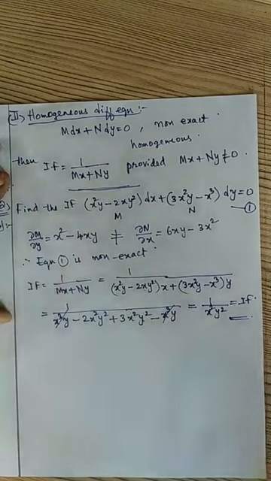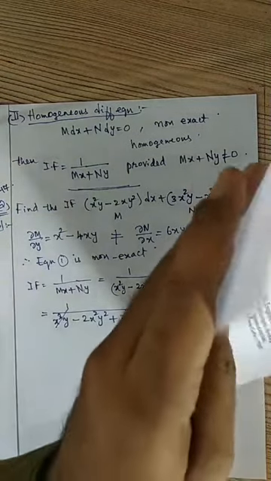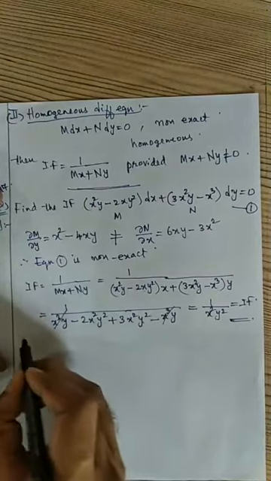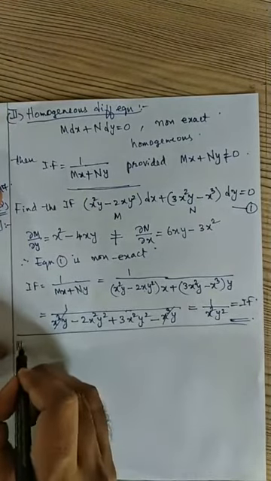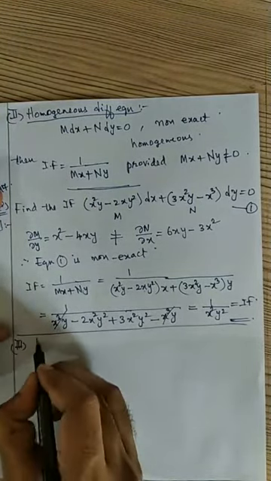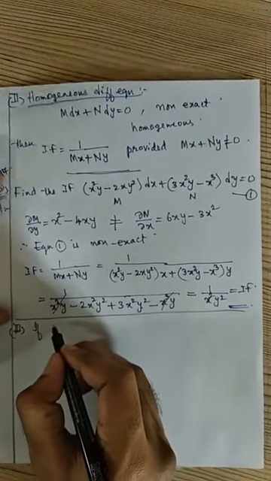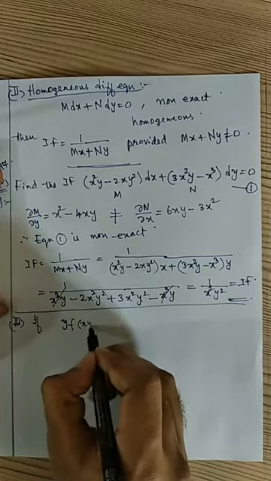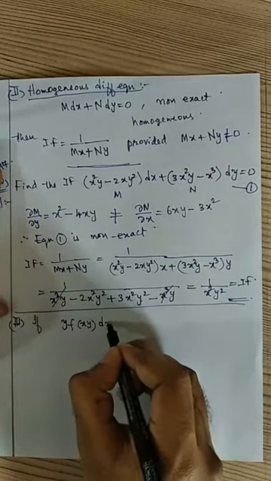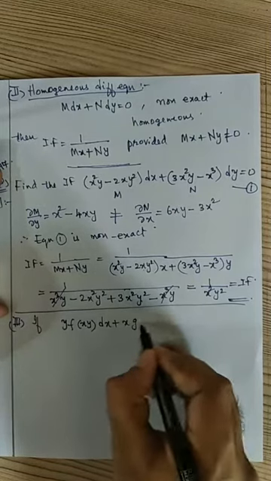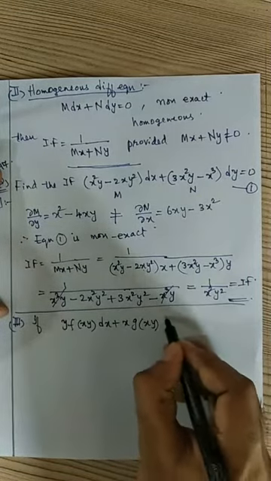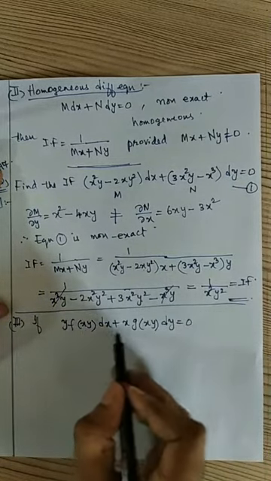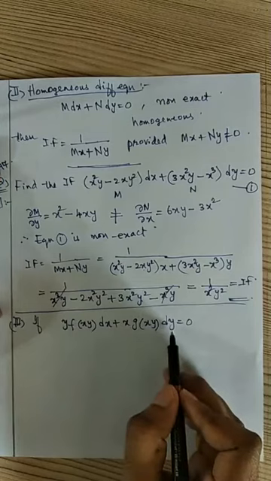Now we'll go for the third case. If the equation is of the form y into f of xy dx plus x into g of xy dy equals 0.